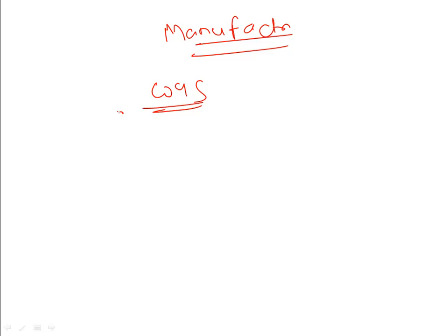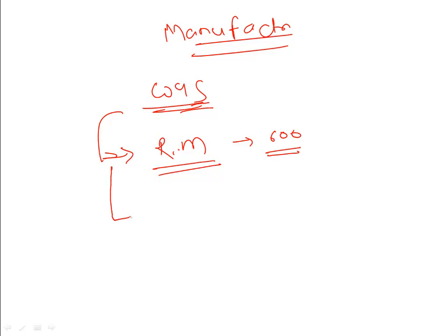Now in a typical manufacturing entity, the cost that would go into my COGS is going to be primarily three. Number one is raw material. So let's say you're into the business of manufacturing water heaters. So you buy the raw material per heater, which, let's say, has cost you 600 rupees. Then you need labor to process this.